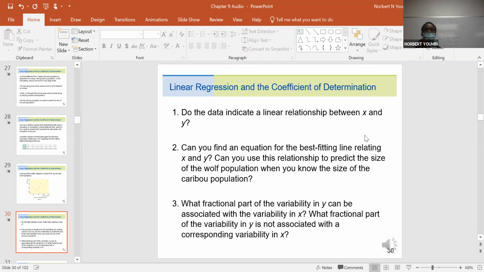Should I write the formula to get the A and B? Actually, we call it the line of best fit because, suppose this is the line, y equals a plus bx. We want to know what is A and what is B. We will measure the distance from each point to the line. This will be D1, D2, D3, D4. You don't need to write this.